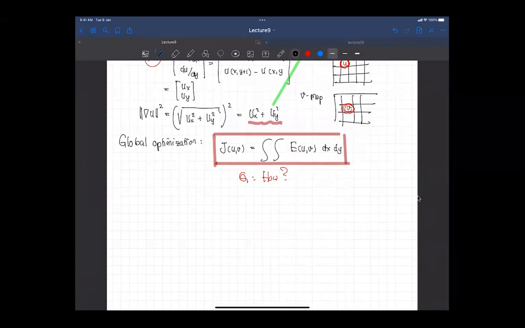The solution for this was found many years back by Euler and Lagrange. So Euler and Lagrange already solved this problem, and the solution is called the Euler-Lagrange equation. So this is the solution.